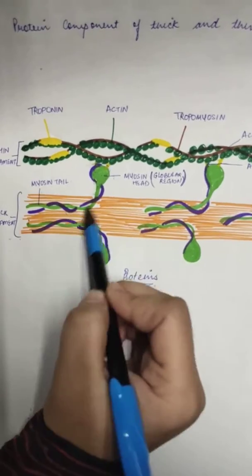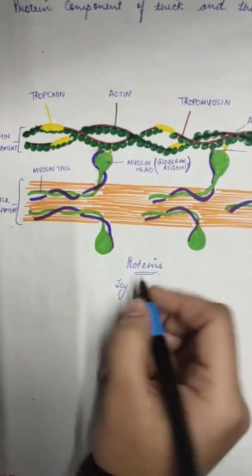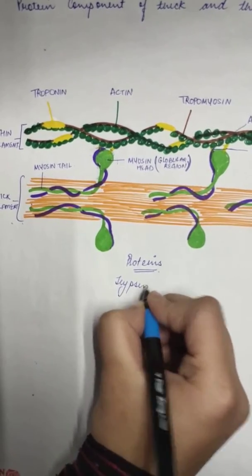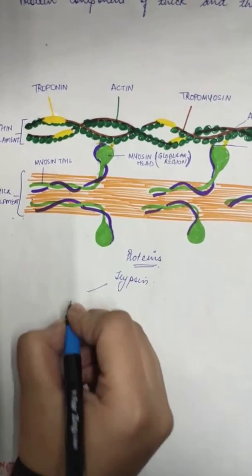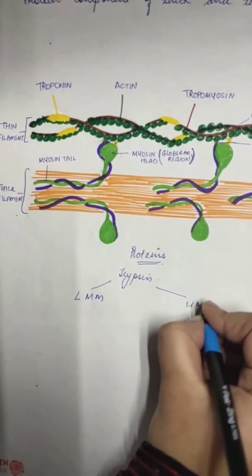The myosin protein is split by the enzyme trypsin into two fragments: light meromyosin and heavy meromyosin.